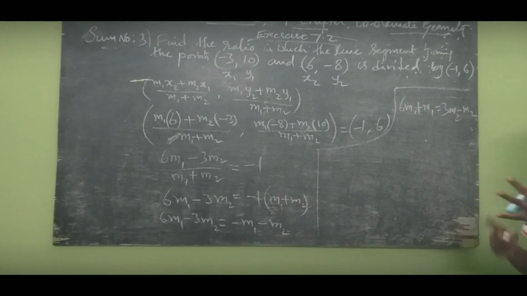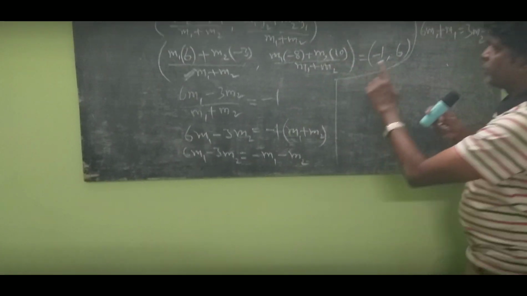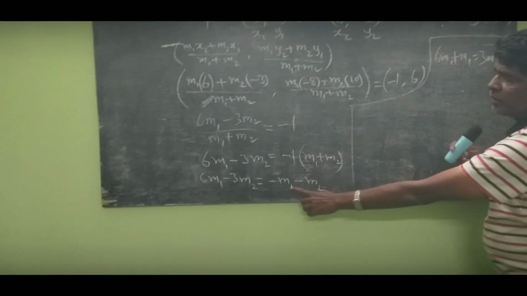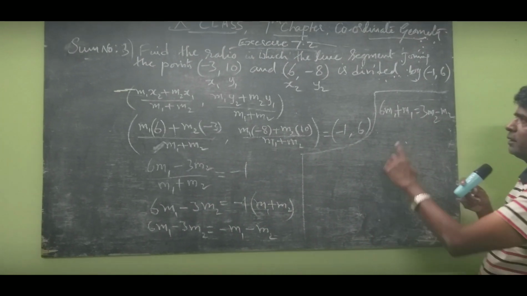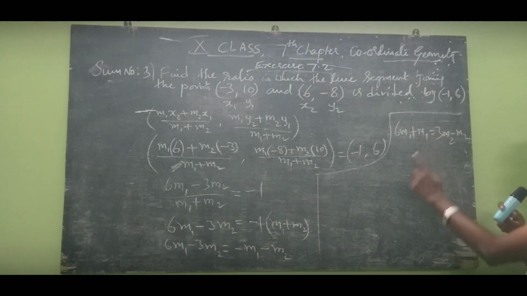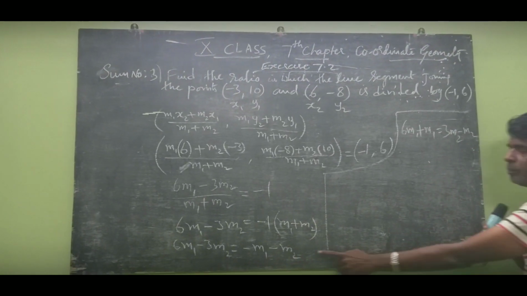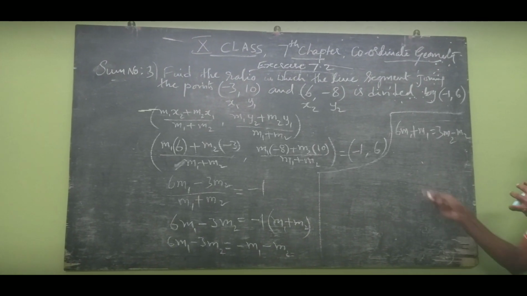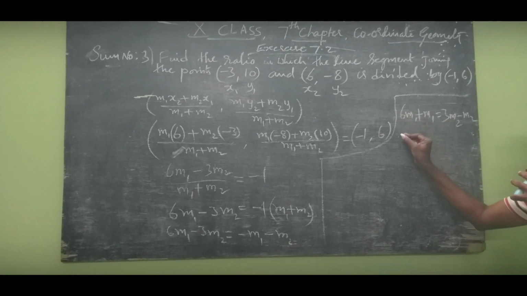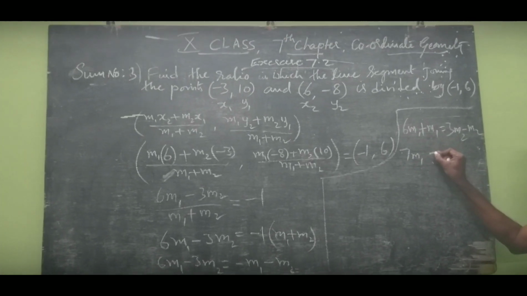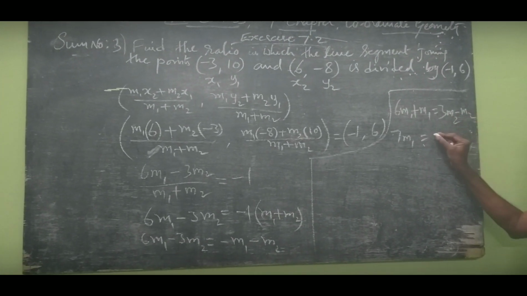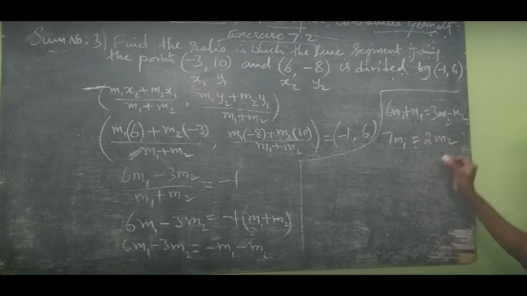What I did here, 6m1 I get like that only. This m1 went to the LHS, so it will become plus m1, is equal to -3m2, this side plus 3m2 minus m2 already there. So 6m1 plus 1m1 is 7m1. 7m1 is equal to 3 minus 1 is 2, 2m2.